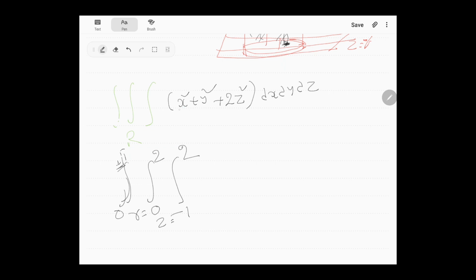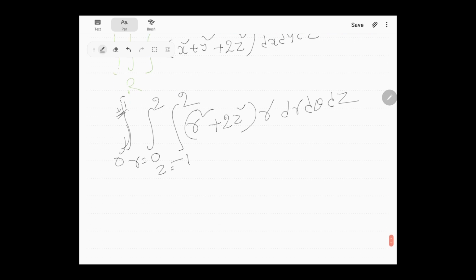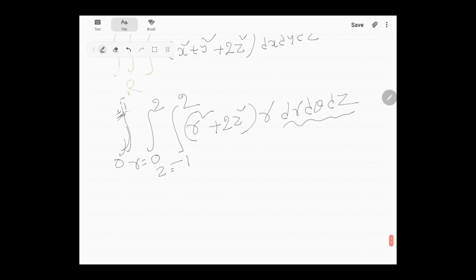So x square plus y square becomes r square, and 2z square, and dx dy dz becomes r dr d theta dz. But here this order we need to write according to this. Because z I have written here, first I'll evaluate with respect to z, next with respect to r, and next with respect to theta.